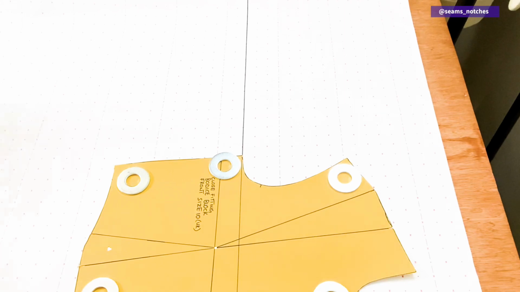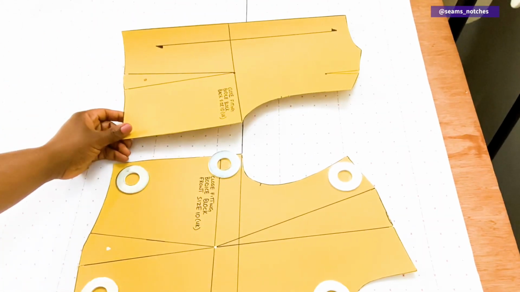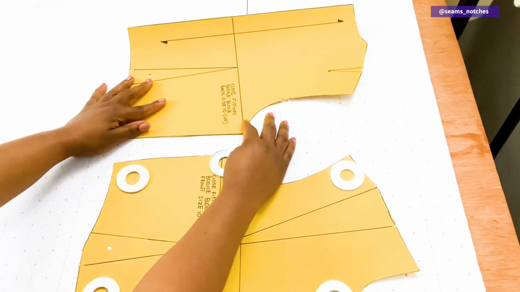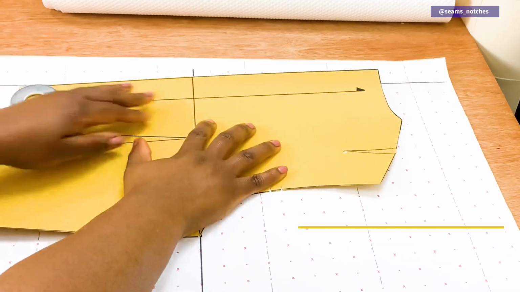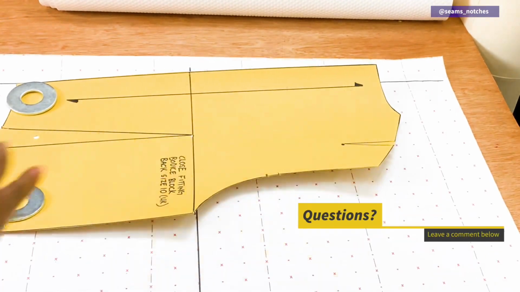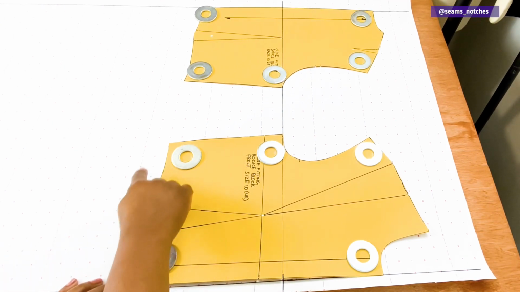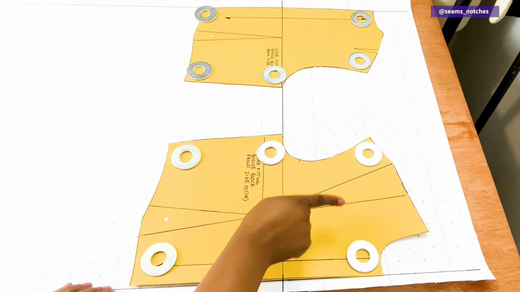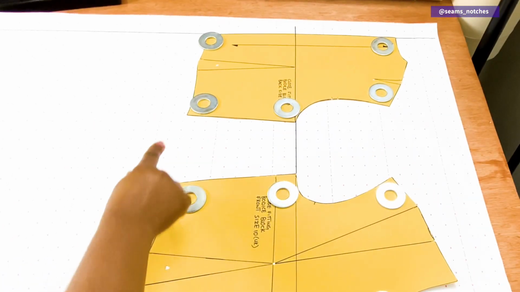Once you are done placing the front bodies, go ahead to follow the same step for the back bodies. Now we have both blocks properly placed, we can go ahead using our pencil to trace round the blocks.